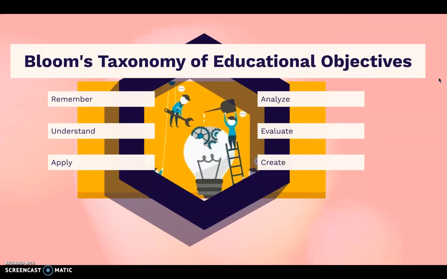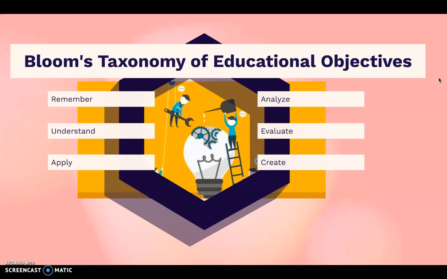We want to have a project that is consistent with our objective. We can use Bloom's taxonomy of the educational objective, which includes lower to higher order categories: remember, understand, apply, analyze, evaluate, and create. Let us focus on higher order categories.